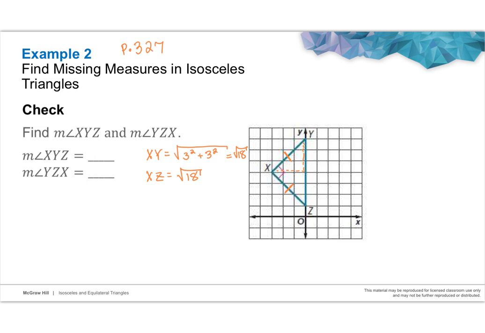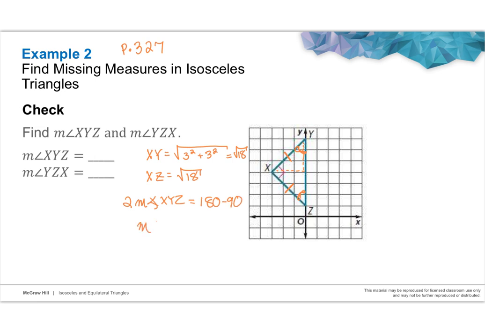If we think about the triangle angle sum theorem, 2 times the measure of angle XYZ, because those are base angles that are equal, is going to equal 180 degrees minus the 90 that we already know the right angle is.